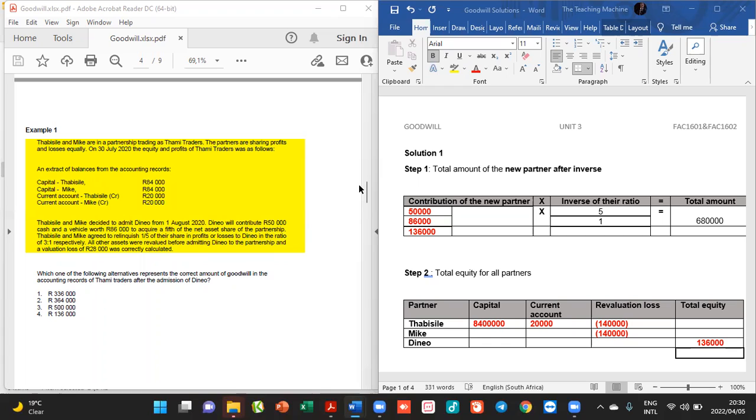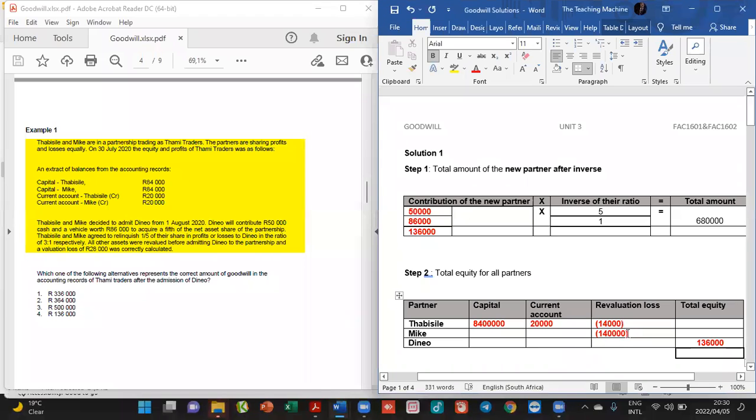Is there anyone who also has the same problem? Okay, sorry about that. Guys, are you able to see my screen? Yes, we can see your screen. Okay, all right.